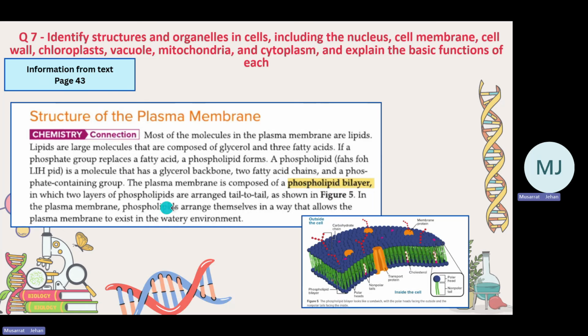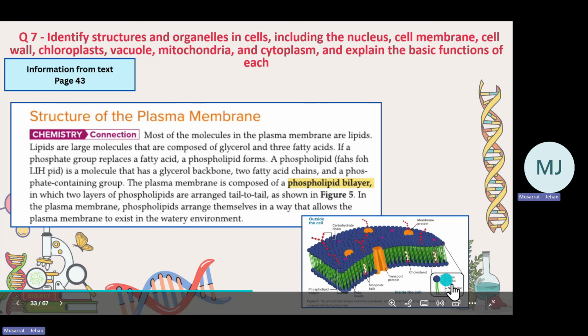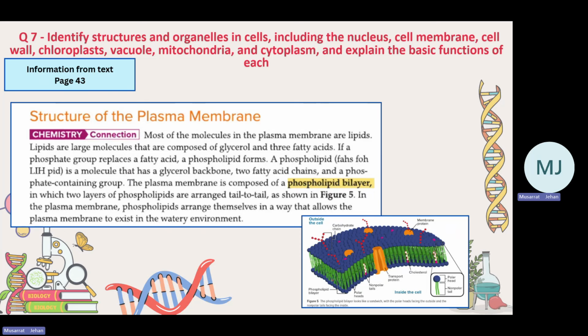This is a phospholipid molecule. It has the blue round structure, that is the polar head, and it has 2 non-polar tails. So each phospholipid molecule has a polar head and non-polar tails.